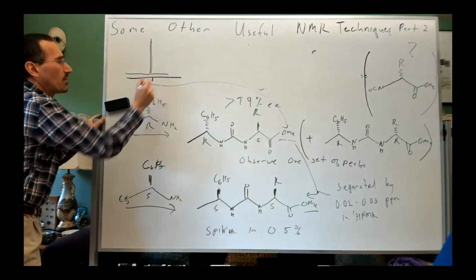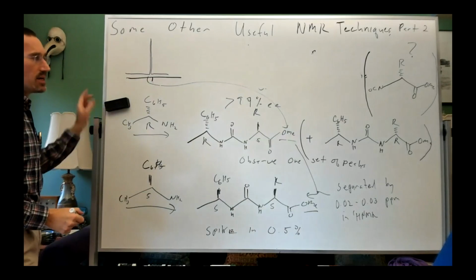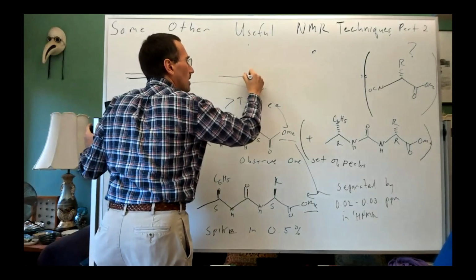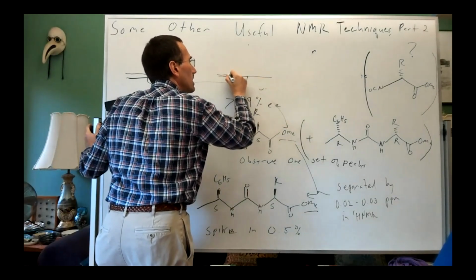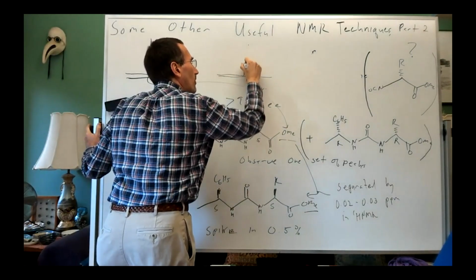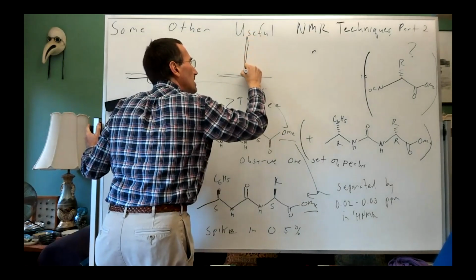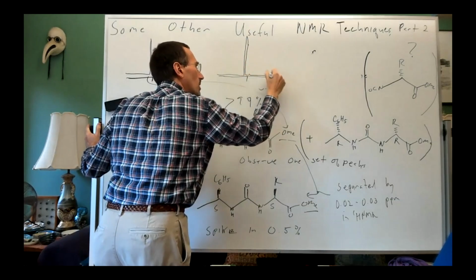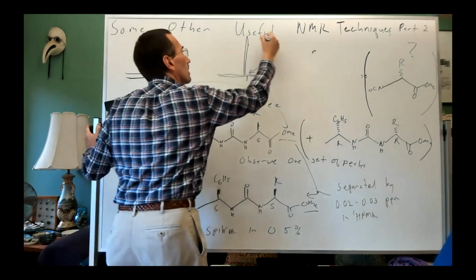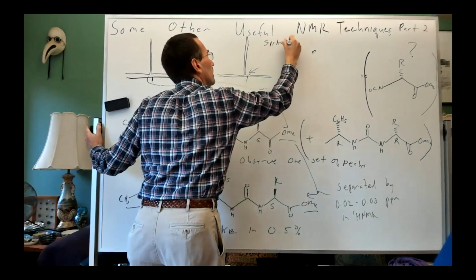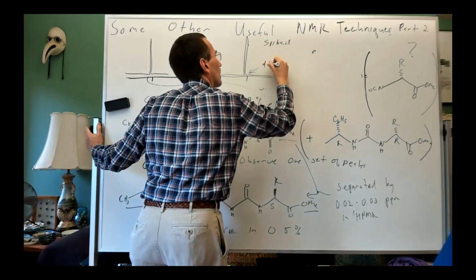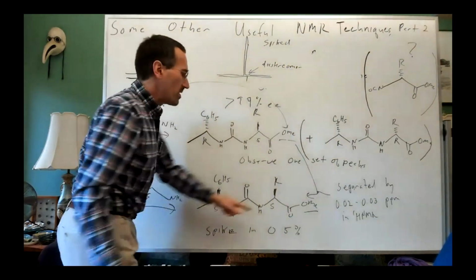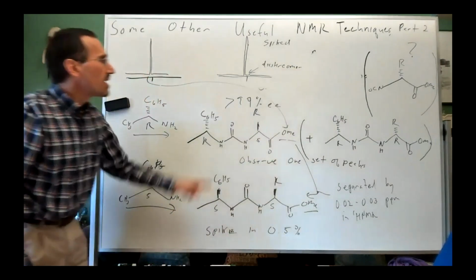And I put a little tick mark just to indicate what we're seeing. When we spike in a little bit of the diastereomer, we see a little peak here from this diastereomer. So that's the idea.